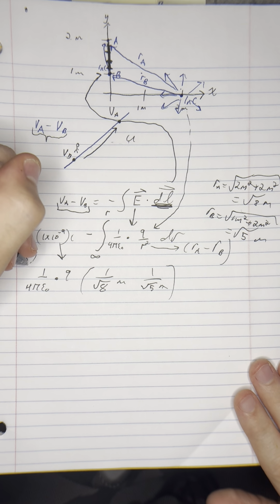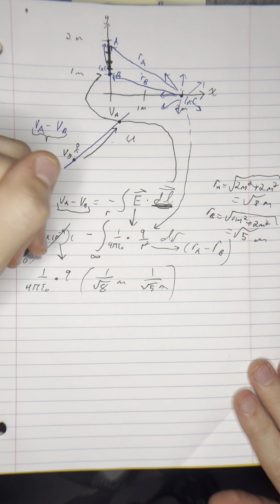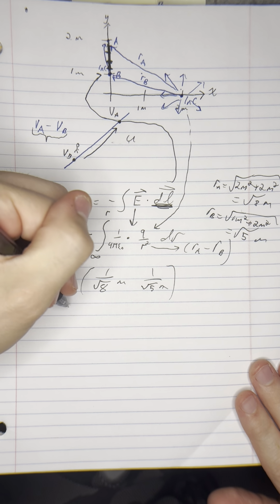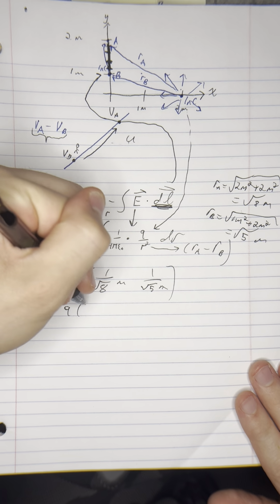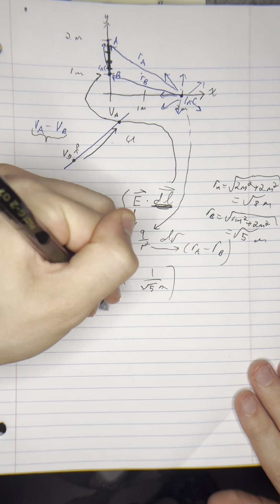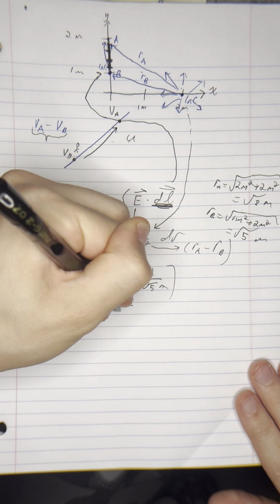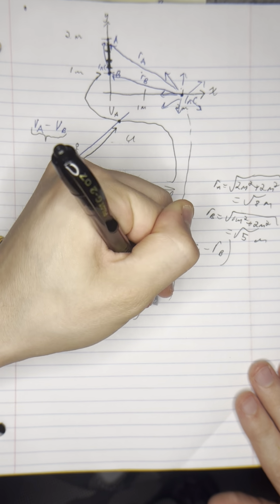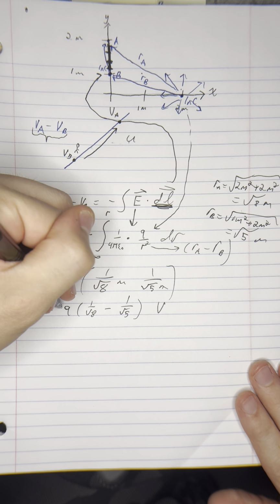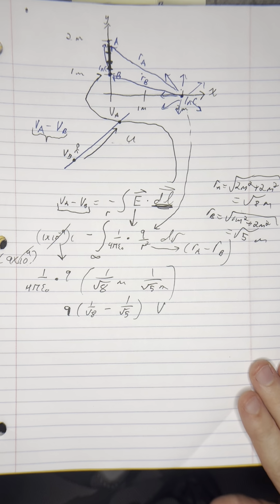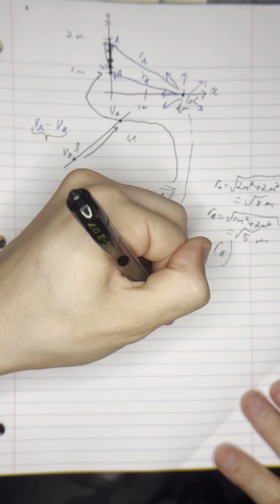So those cancel, cancel, and then we're left with 9 times 1 over square root 8 minus 1 over square root 5 volts for our potential difference, VA minus VB.